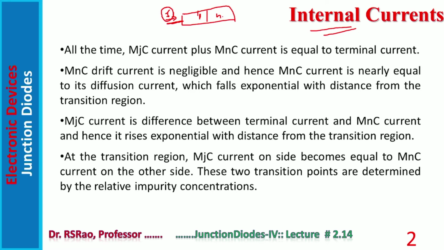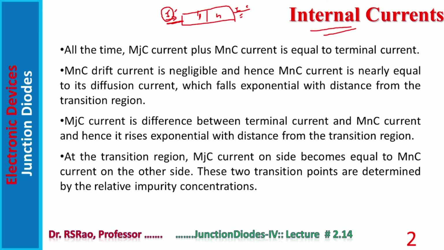After passing through N region, the current comes out of N region into the cathode terminal. Of course, it is again equal to I according to Kirchhoff's current law. Now I on the left side and I on the right side are called terminal currents.